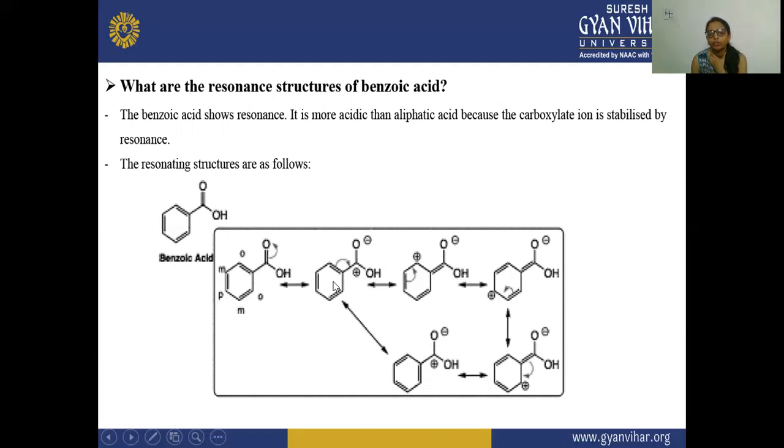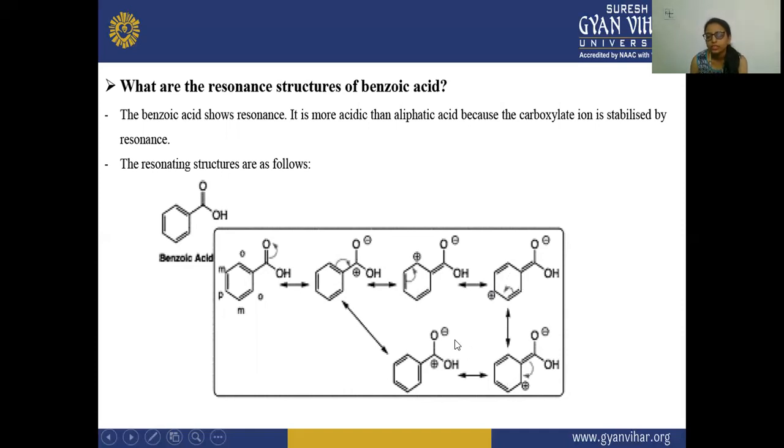Then again this bond will shift from here to here, and the positive charge forms on the next carbon. Again the double bond shifts from here to here, and there is a positive charge on this carbon. After that, this double bond is shifted to this position.